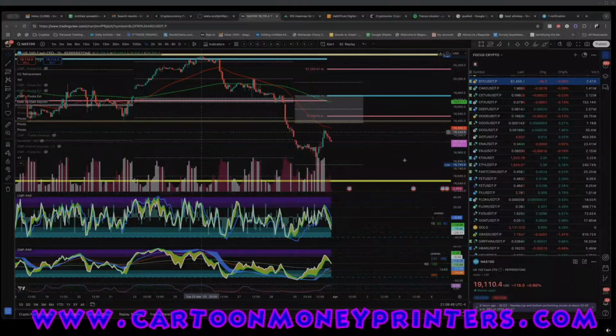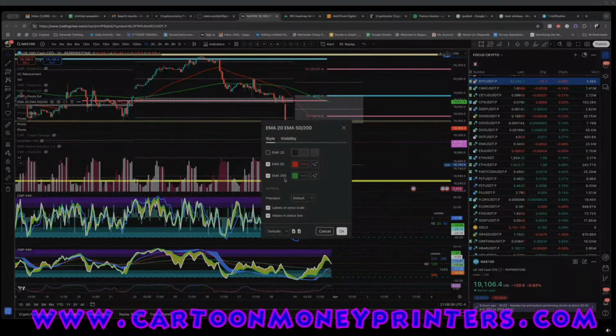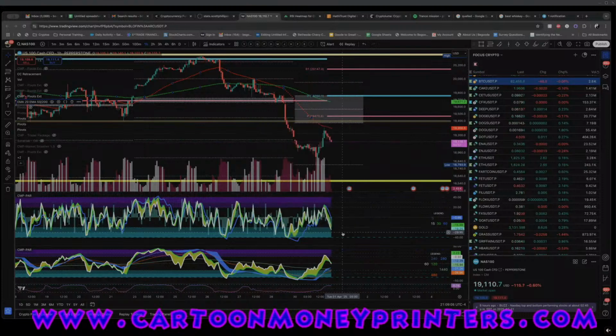No, the red is 50. The green is 200. No, it was red. Here, look. Red 50. Yeah, that's what I said. 200. Okay. So basically, it doesn't matter. We now know it's red, the 50. Basically it came up and tapped it.